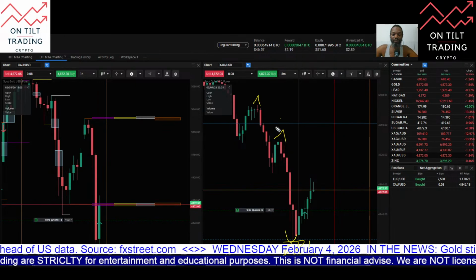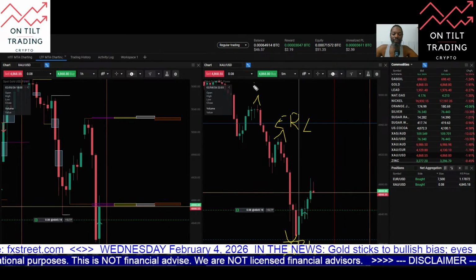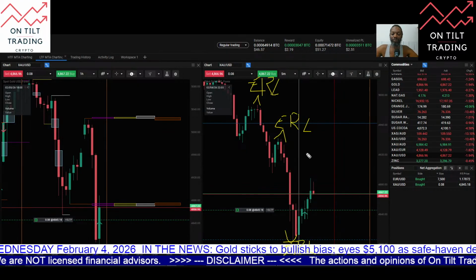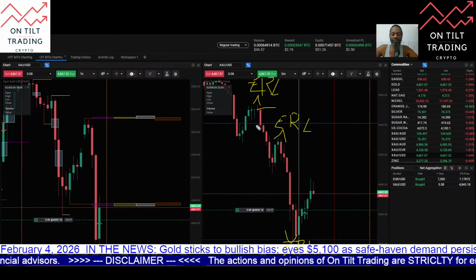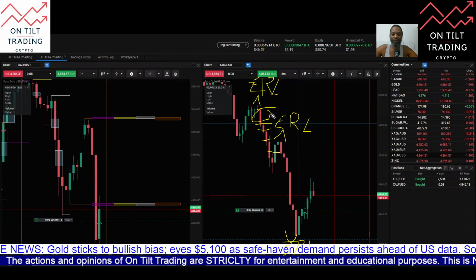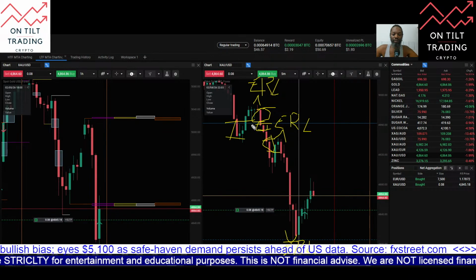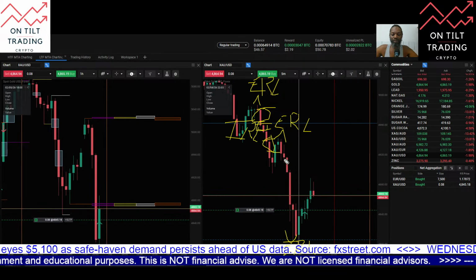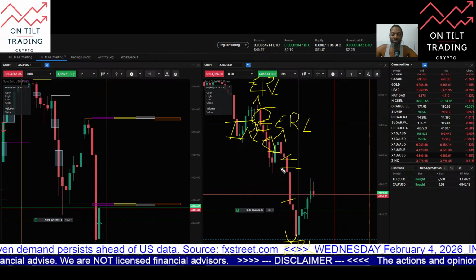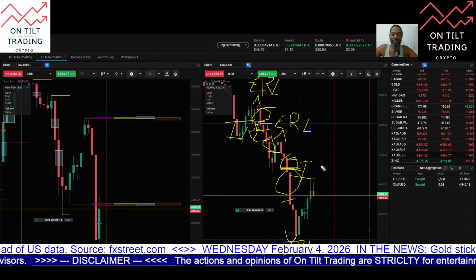These are all external range liquidity zones here, or external range liquidity levels. Inside this you've got internal range liquidity with these fair value gaps here. And same thing with this area here with these fair value gaps here. Internal range liquidity.